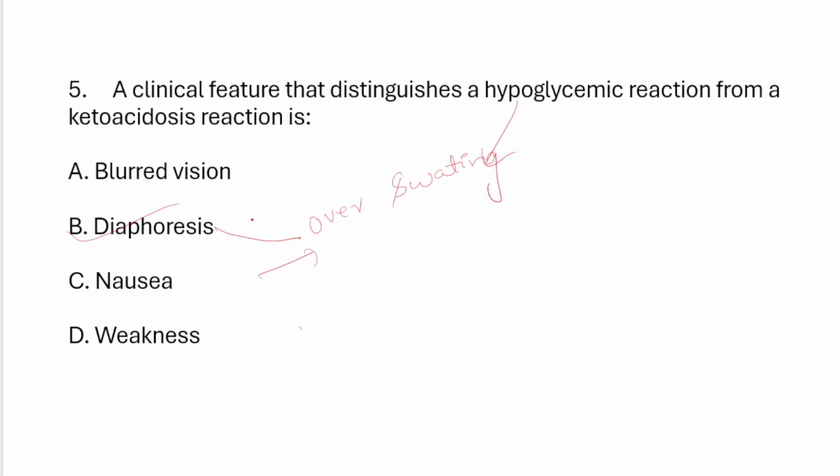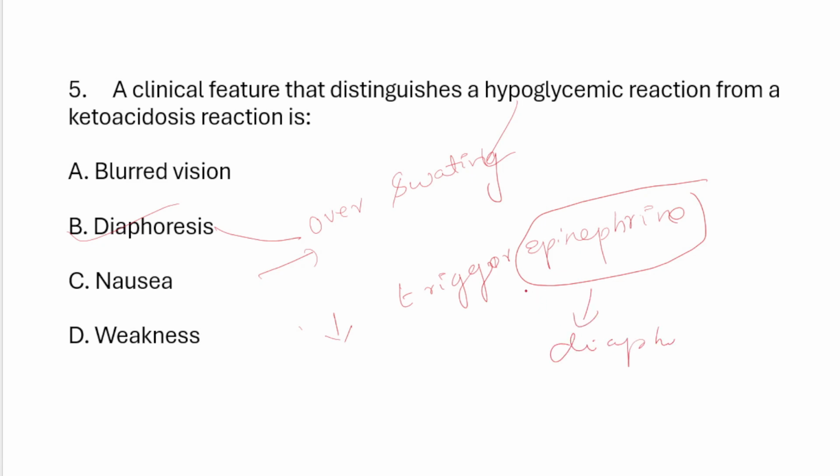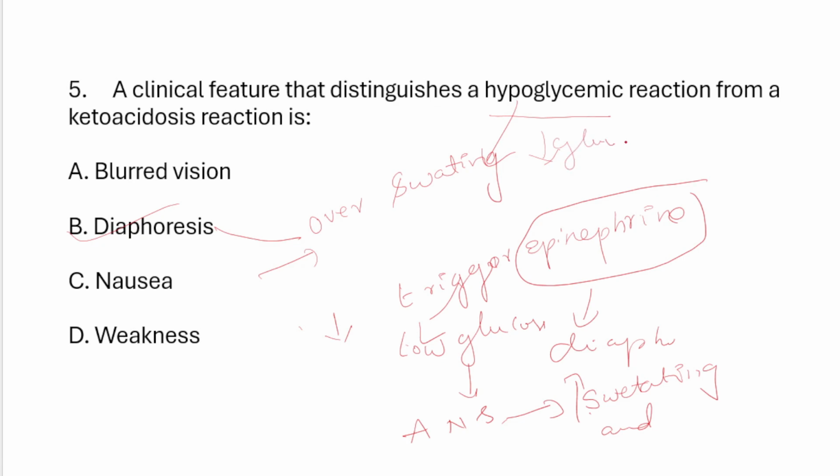If a patient has ketoacidosis, epinephrine is also triggered, so this can also cause diaphoresis, and low glucose level also causes autonomic nervous system activation. It is also responsible for increased sweating and digestion. Hypoglycemia means decreased glucose level in the blood.